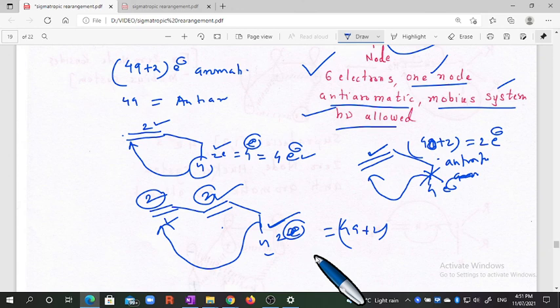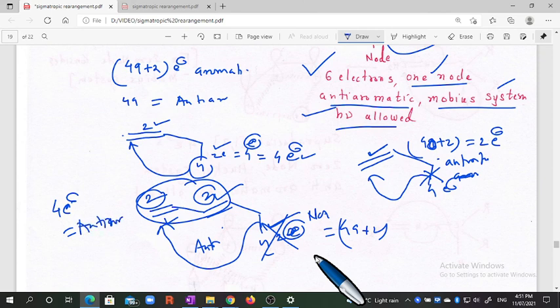And if this hydrogen is migrated in an antarafacial way, then these 2 electrons will not be considered, only 4 electrons are considered, and a 4 electron system is an anti-aromatic system. Therefore, in such a way we can predict the Huckel-Mobius. So by using the Huckel-Mobius method, we can predict whether the reaction is photochemically allowed or thermally allowed.